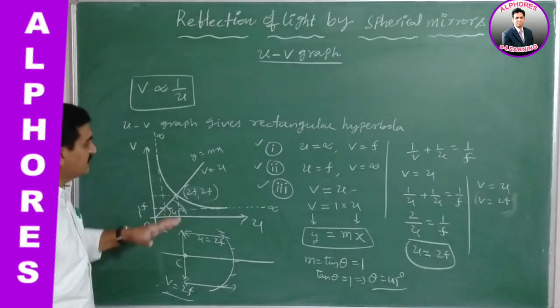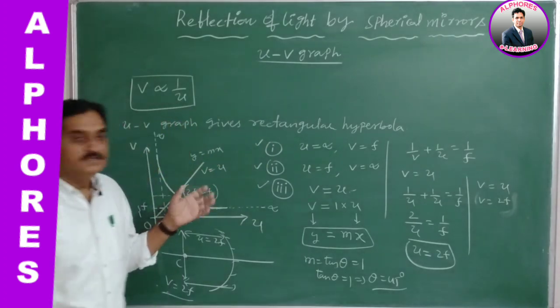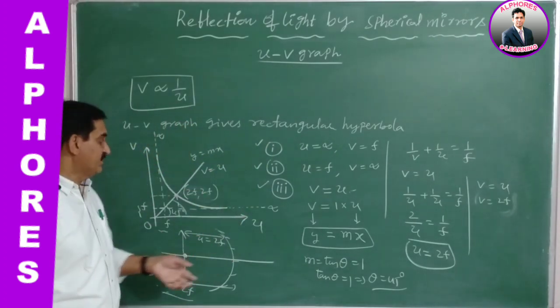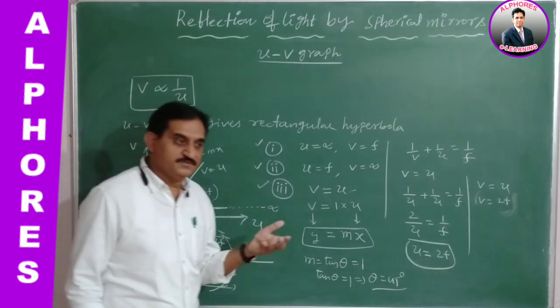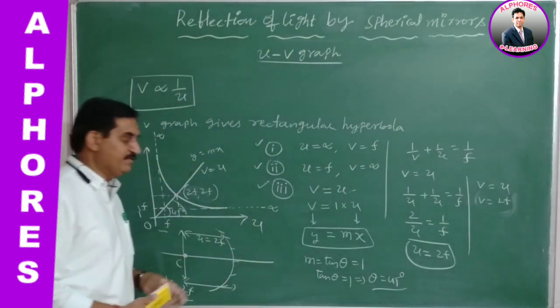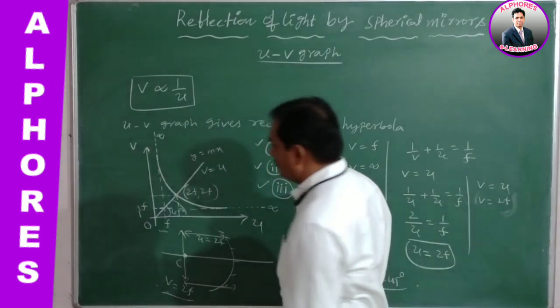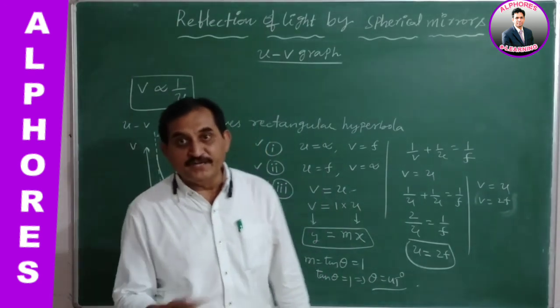So this is the way to understand how the UV graph is oriented for concave mirror and also convex mirror. This is given for concave mirror, and similarly convex mirror also gives the same kind of rectangular hyperbola. We will distinguish the two types of UV graphs by taking concave mirror in different situations.